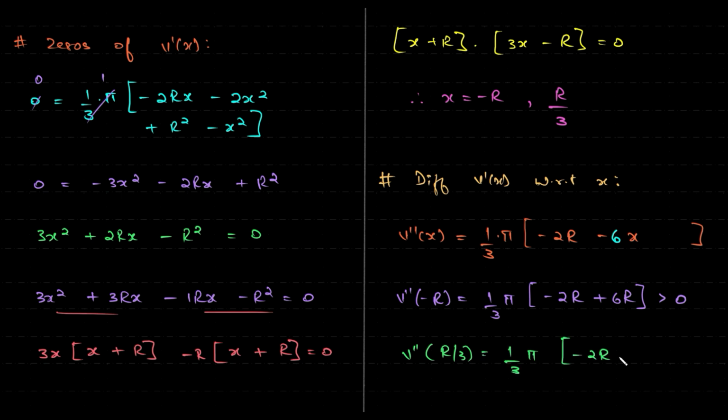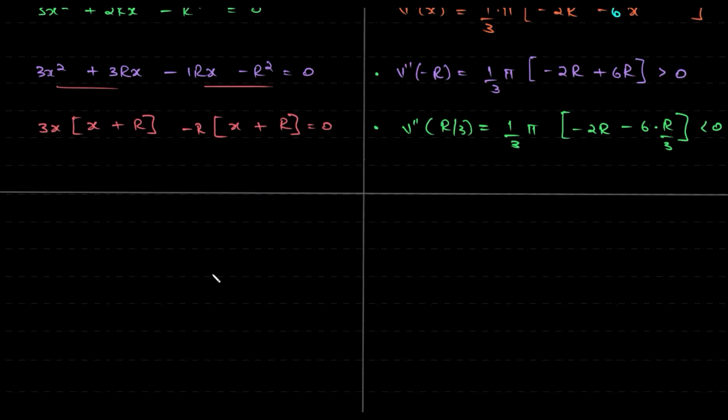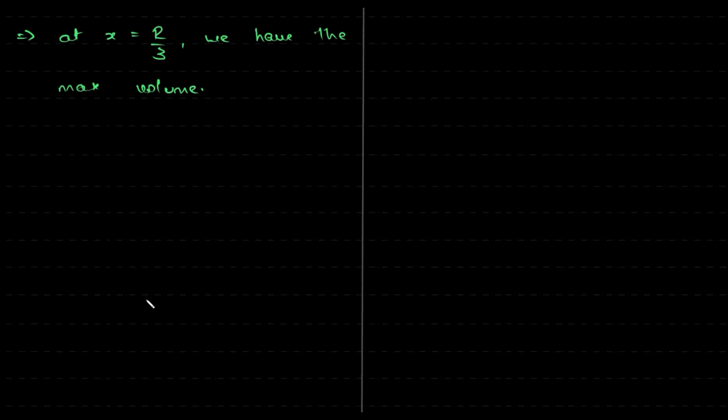So minus 2r minus 6x, that is minus 6 into r by 3. So this is clearly a negative value, indicating this is the point of maximum. So from this I can conclude that at x is equal to r by 3, we have the maximum volume.